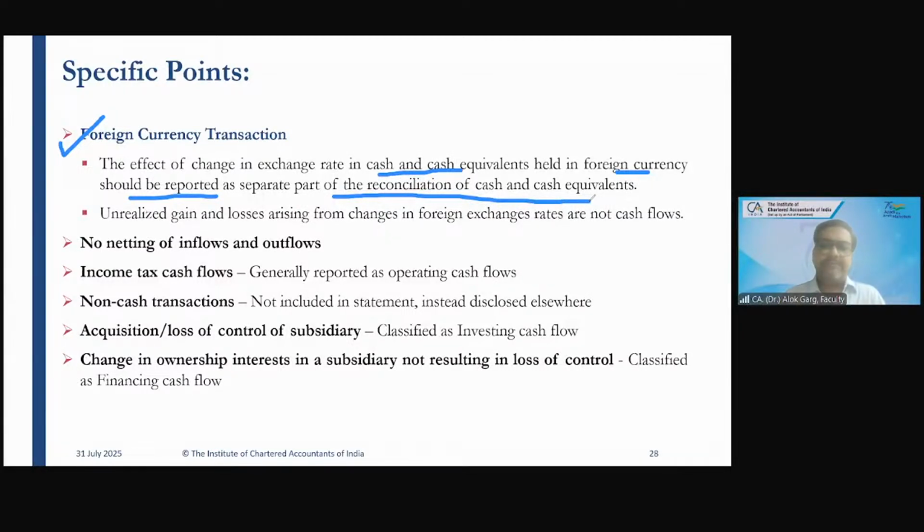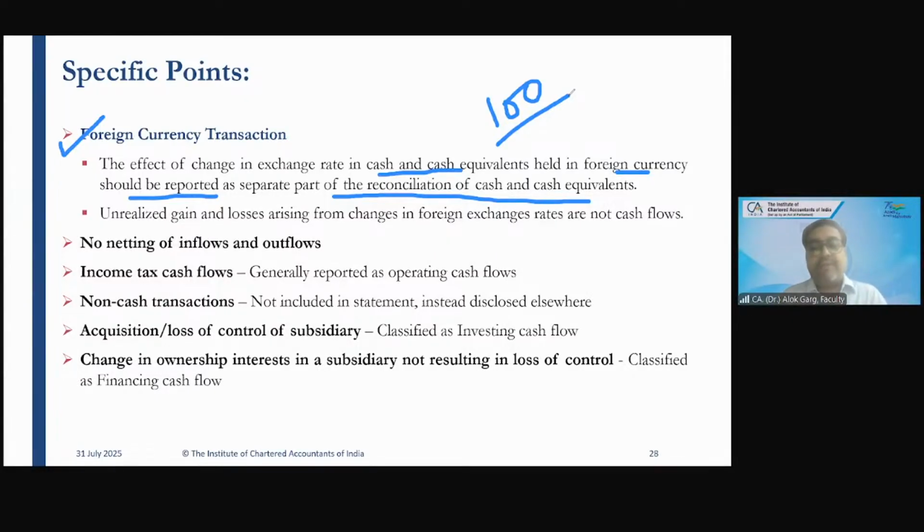For example, you have 100 US dollar. You have a dollar denominated bank account in USA and you have $100 in the opening, $100 in the closing. Of course, you are preparing your financial statement in INR in India.